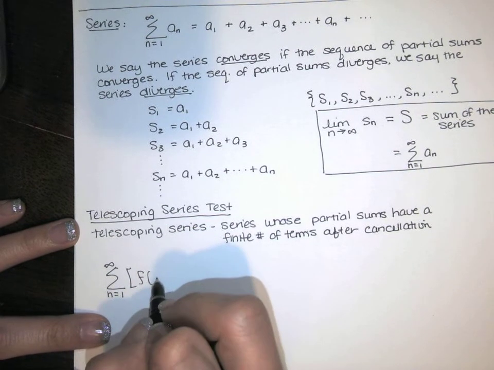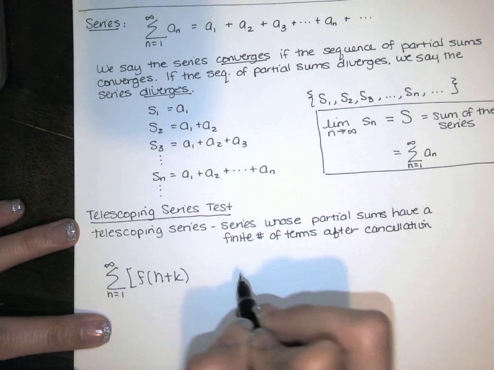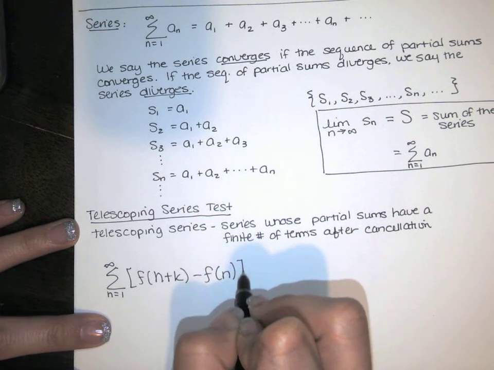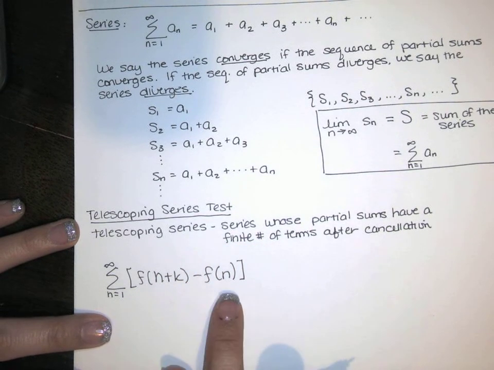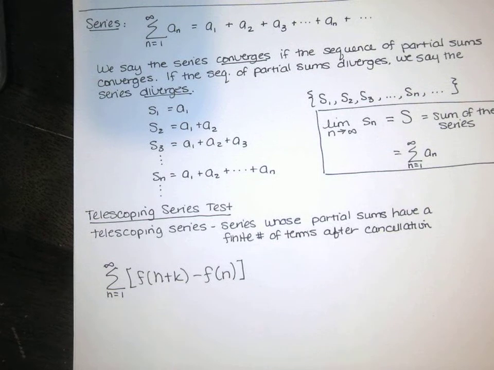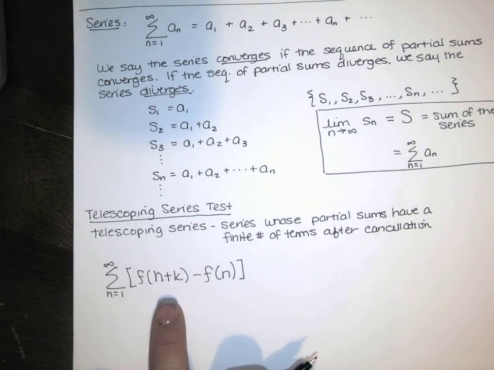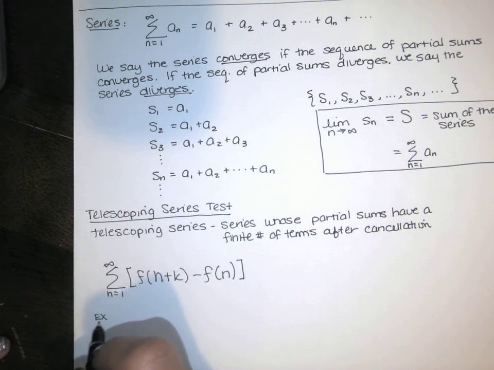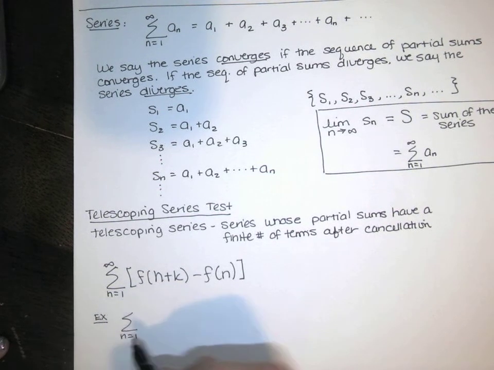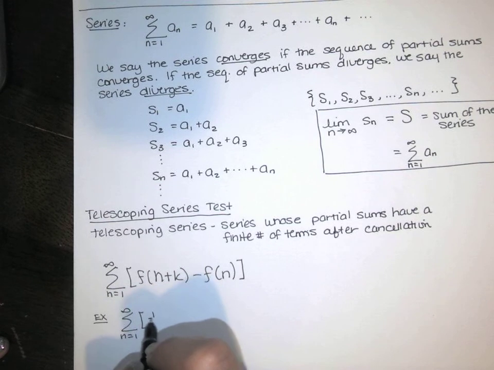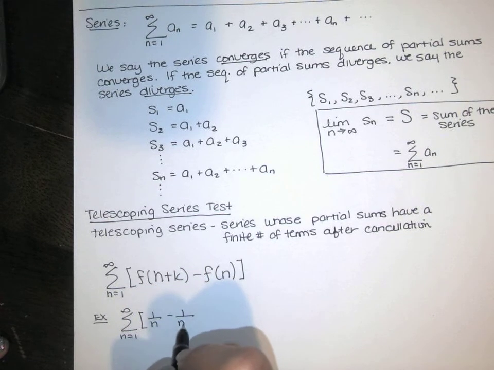And then we'll have some function of n plus a constant minus a function of n. Or it could be reversed. You could have a function of n over here and a function of n plus a constant over here. But the key is that they're the same function. The only difference between this one and this one is that this one is evaluated at n plus a constant and that one's evaluated at n. They have opposite signs. So as an example of one of these, if I have 1 over n minus 1 over n plus 1, those have the same form.